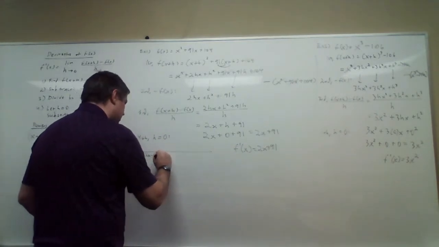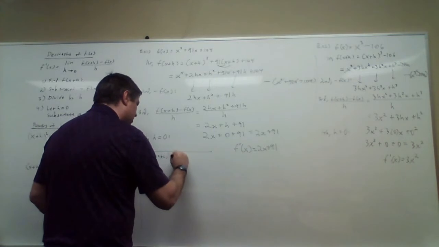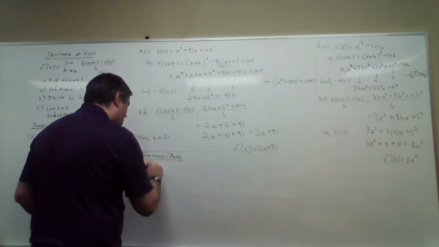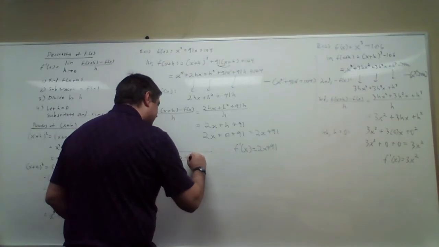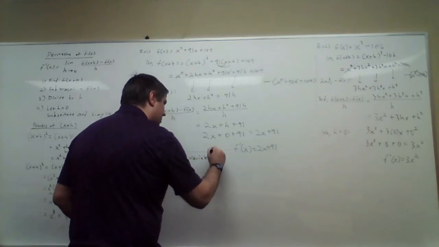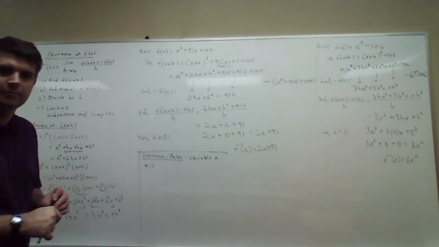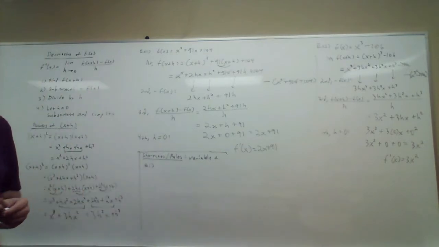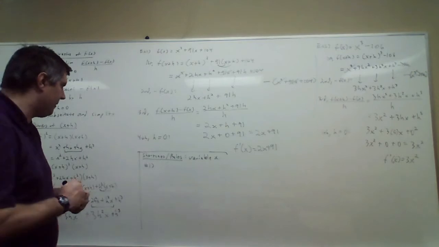Shortcuts. Rules. Number 1, we're assuming the variable is x. If the function was in terms of another variable, we'd follow these rules for the other variable.